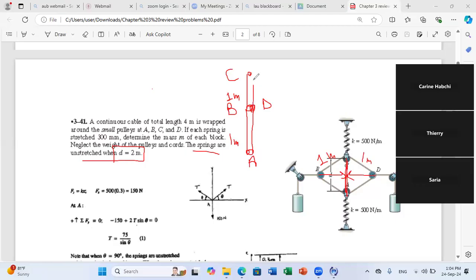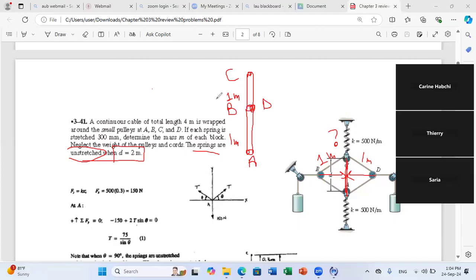Now, they said that at this position the springs are unstretched. This means you need to know the length of your spring, because they told you the value of the stretching.